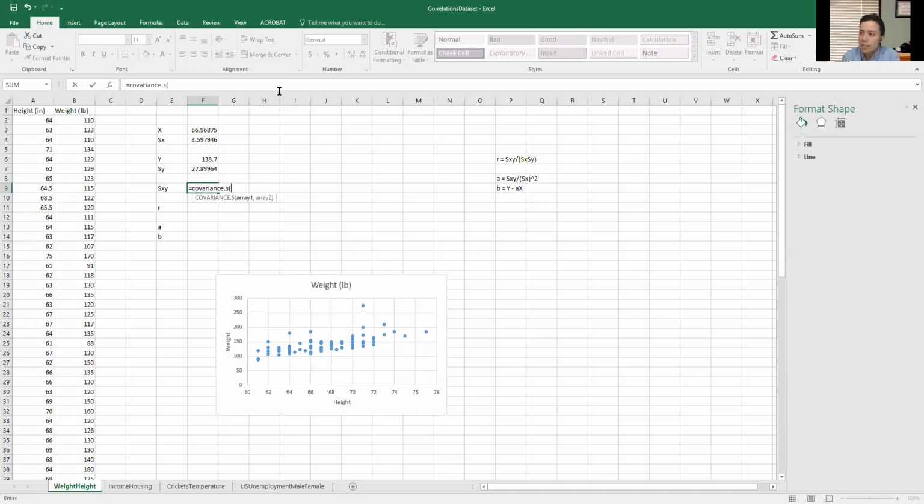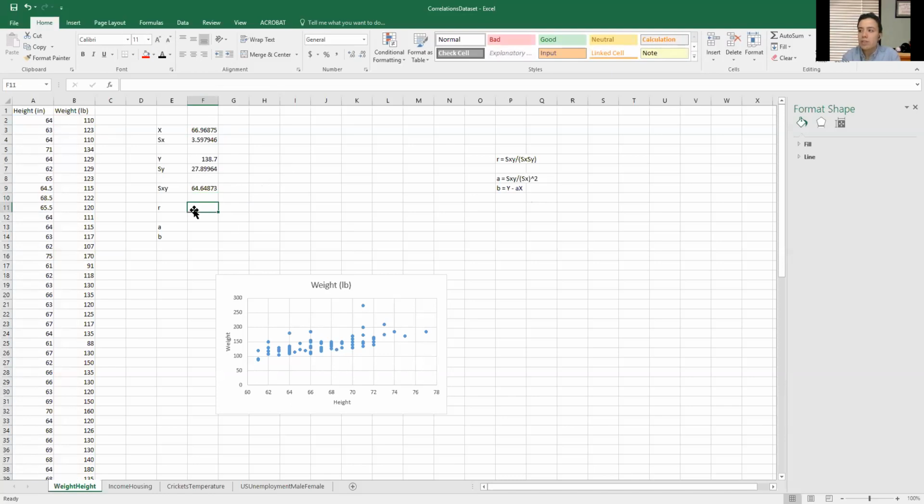The first set of info that you have, that's A2 to A81, comma, and then B2 to B81. So it's selecting both of them. You can also select them with your mouse, click and drag all the way down, put a comma, and select with your mouse and drag all the way down. And then press enter. So that's the covariance over there.